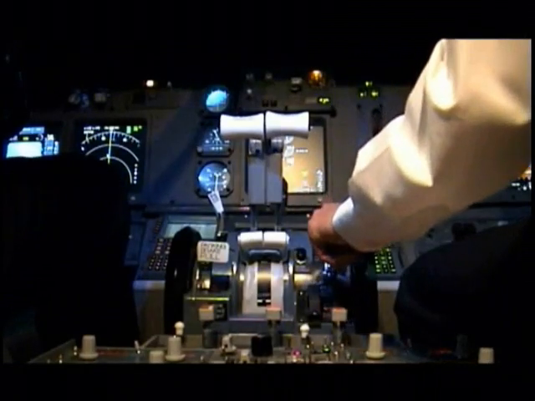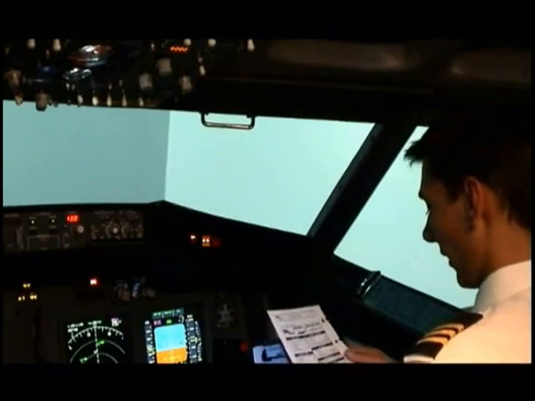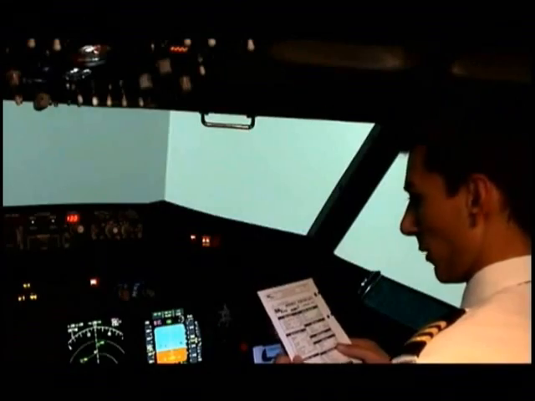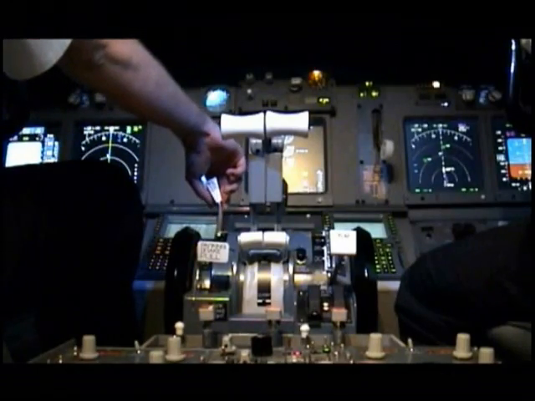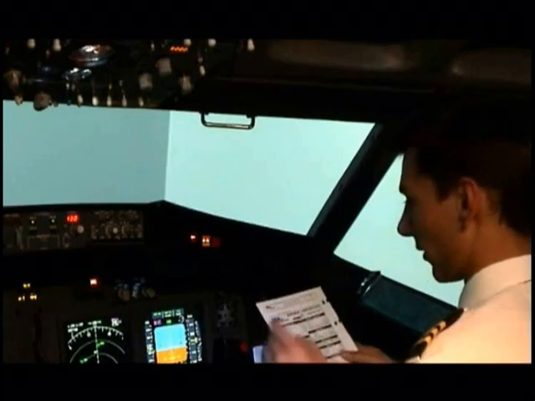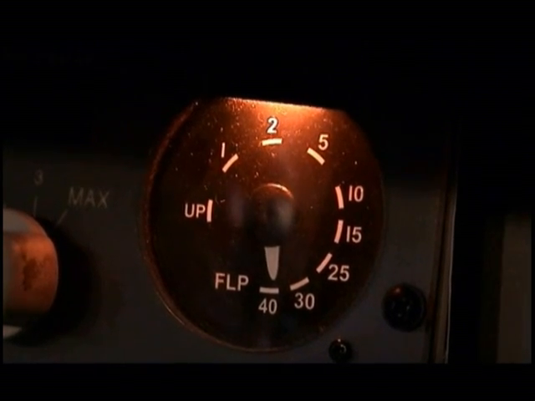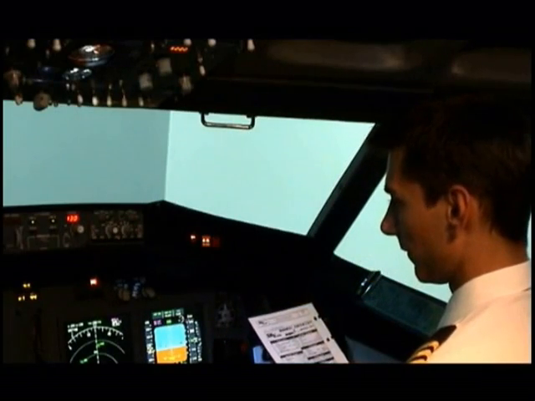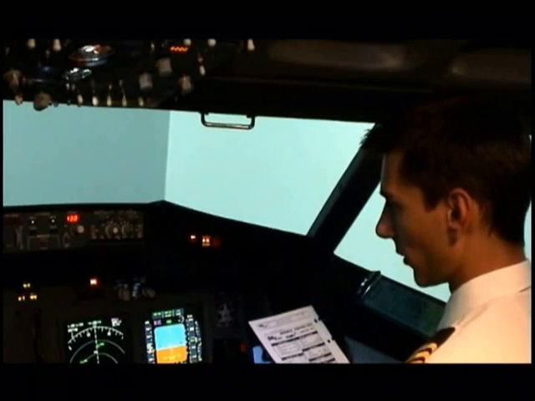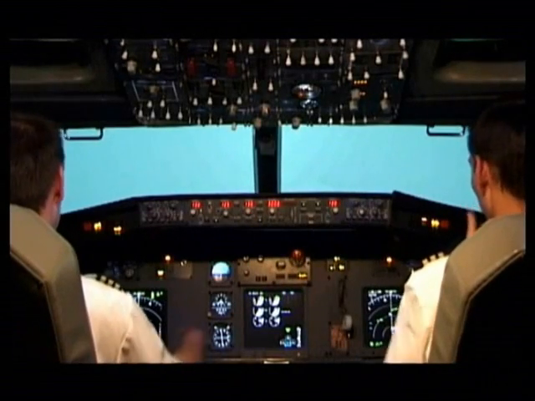Flaps 40. Landing checklist, please. Landing checklist. Engine start switches. Continuous. Speed brake. Armed. Landing gear down. Flaps. Stand by for flaps. Now 40. Flaps 40, green light. Landing checklist is complete. Flare armed.